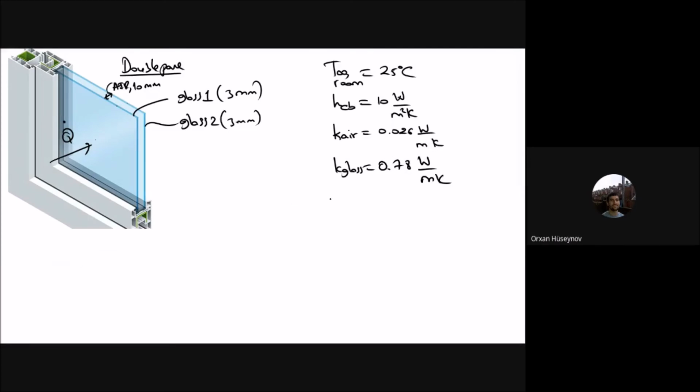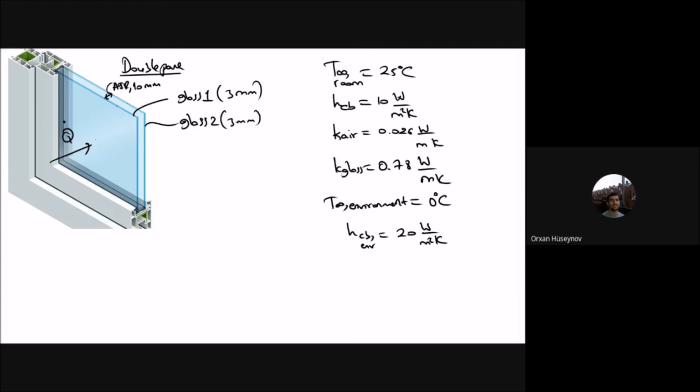Then you will have T infinity of the environment. Let's assume this one is at 0 degrees Celsius, and the H combined of the environment is 20 watts per meter square Kelvin.